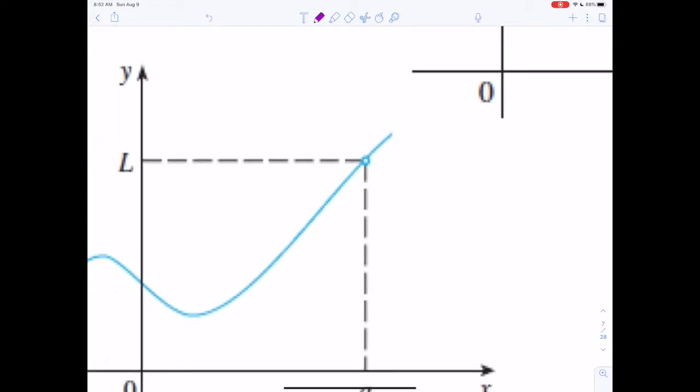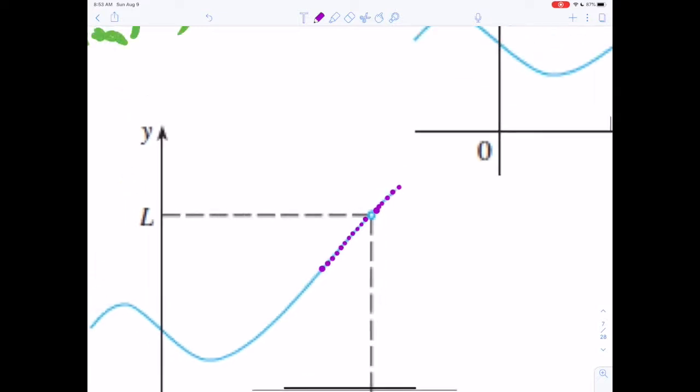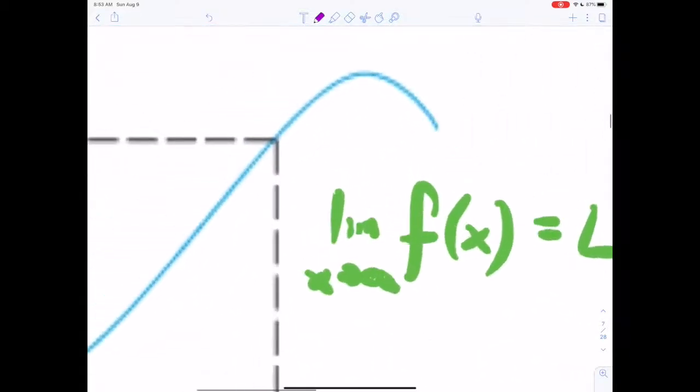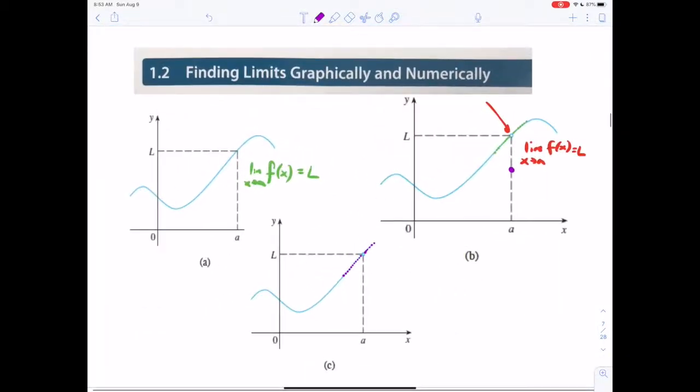In this case, it still does, because we're just studying what happens when we get arbitrarily close on either side, but we don't care what happens exactly at that moment. So even though there's a hole there, the limit still does exist. So whether there's a hole there or not, right, the limit will still exist. Okay, and you guys will understand that more when we get into the next example here, okay?